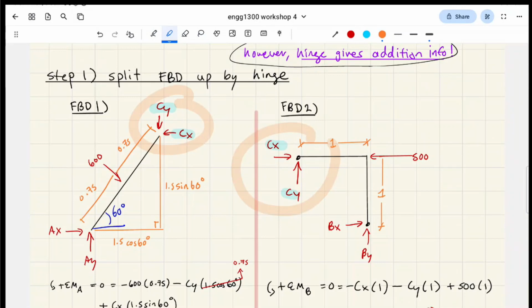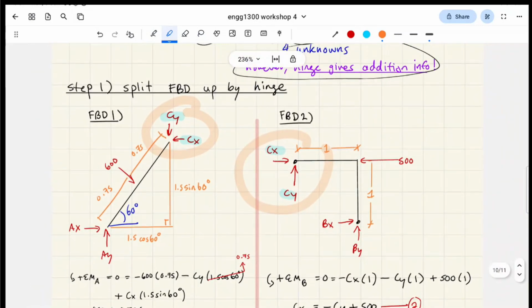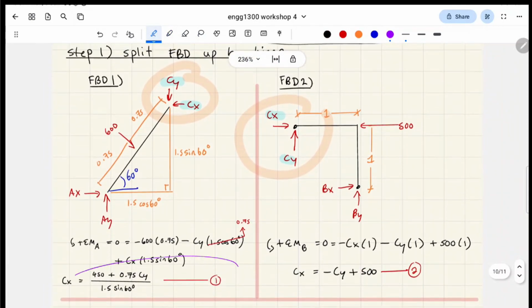But you just do the exact opposite of what you did for the second free body diagram. With the free body diagram on the left, I've derived an expression for Cx, this one here, which carries over in terms of magnitude to the free body diagram on the right.